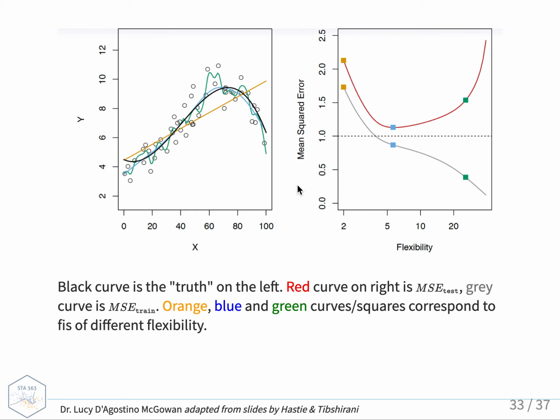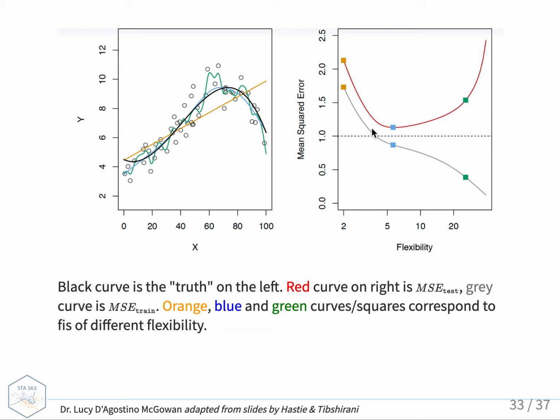So here's another image that sort of gets at this idea. The black curve here on the left is the truth. So this black curve, that's the true f that we're trying to target. And this red curve on the right, this is the mean squared error in the testing. So that's our measure of accuracy that we've determined using the testing sample.